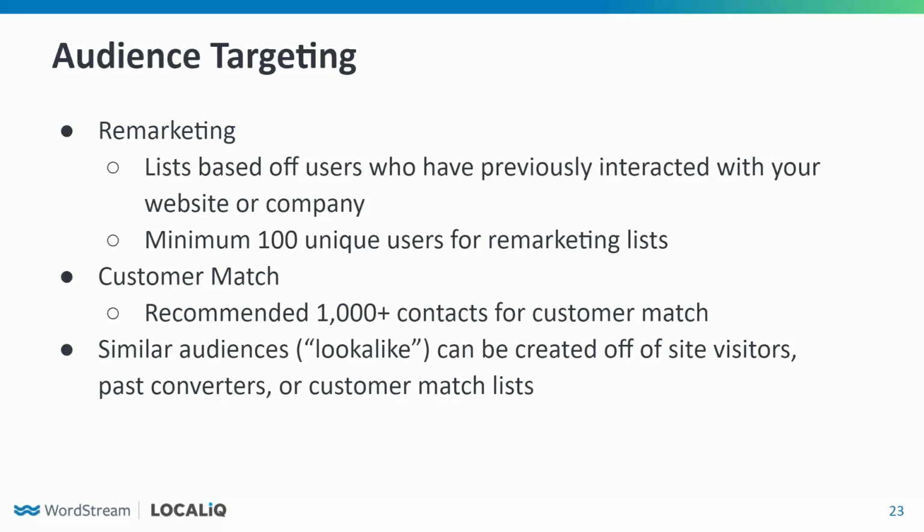It's anonymized, so Google is not going to do anything with this data other than build your list and try to match up to users who you've already captured lead info for. The recommended list size is 1,000 contacts, as Google may not be able to match an uploaded contact info to a user for every single upload. So recommended again is that minimum 1,000.